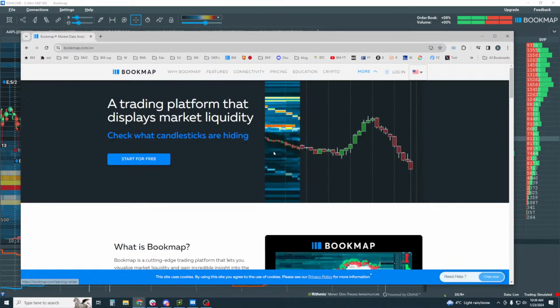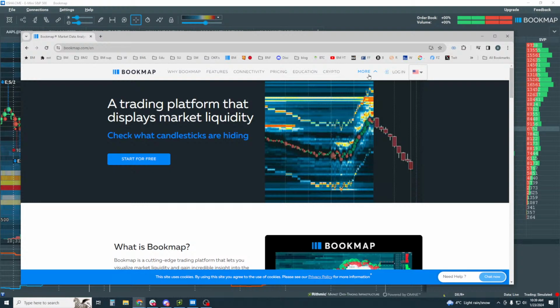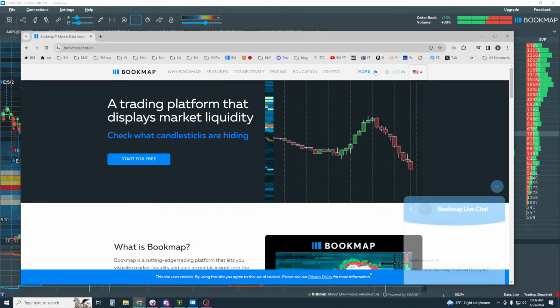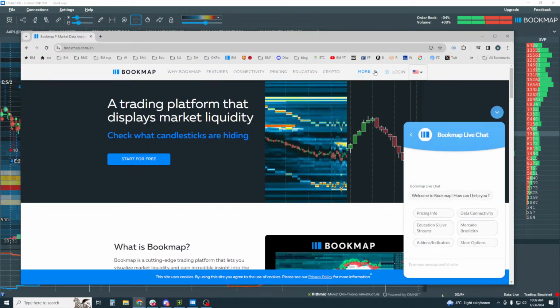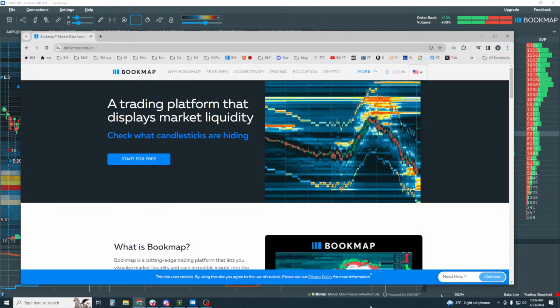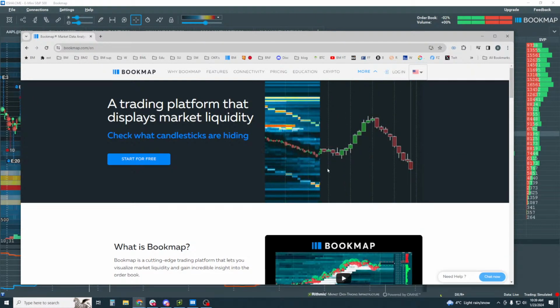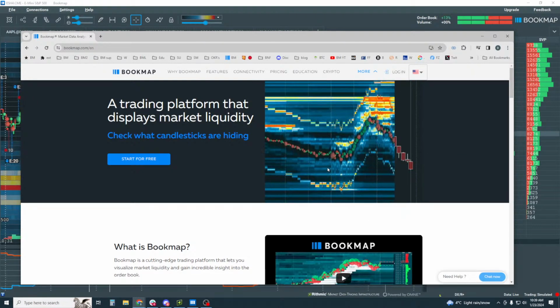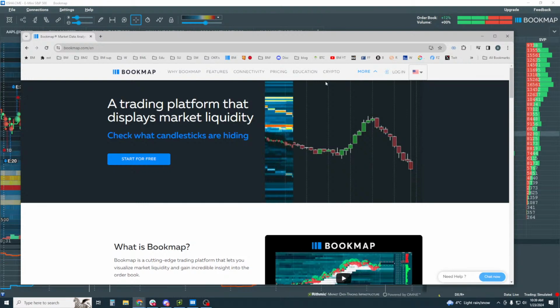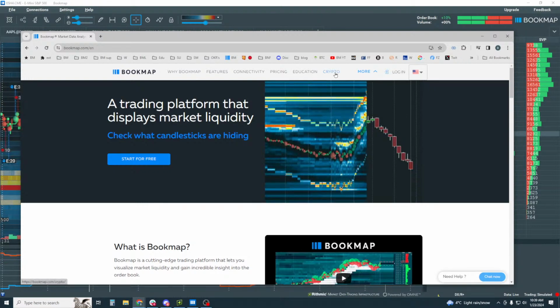We'll show it in Bookmap, because Bookmap's quite visual. In these concepts, we can very easily visualize for you and demonstrate how these markets work.